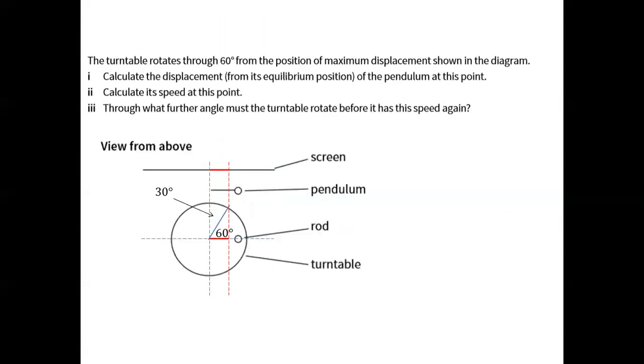Next, through what further angle must the turntable rotate before it has this speed again? Now, looking at this given figure, the speed was determined when the turntable made this rotation of 60 degrees.